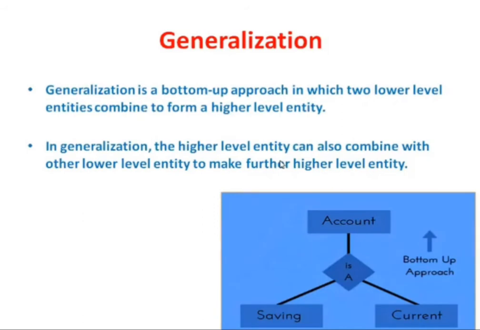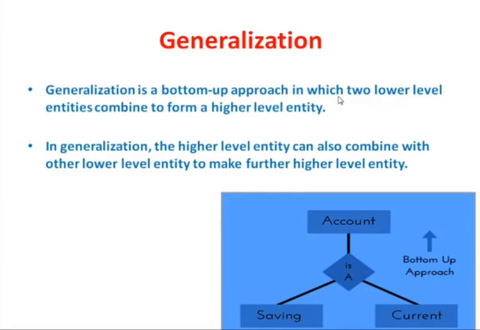And we need to talk about generalization as well here. This is normally a bottom-up approach in which two lower level entities are combined to form a higher level entity. If you are designing an ER diagram, sometimes you may have to do this as well.